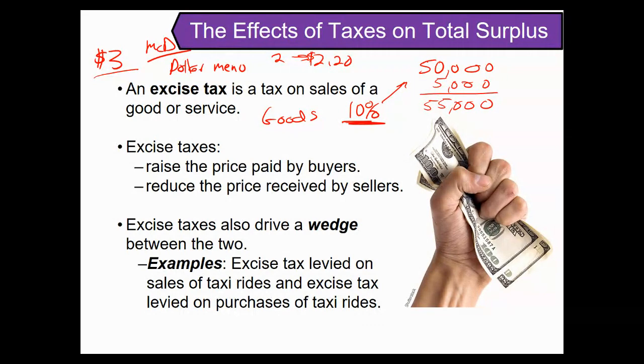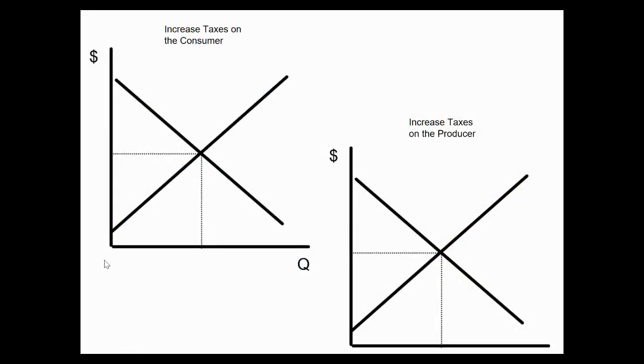It's very similar to the ideas of quotas that we talked about last unit. Now, if we think about taxes in general, if we were to increase taxes on consumers, so we have the demand curve here and the supply curve, and let's say this is a normal good, and let's say the government increases taxes on me.